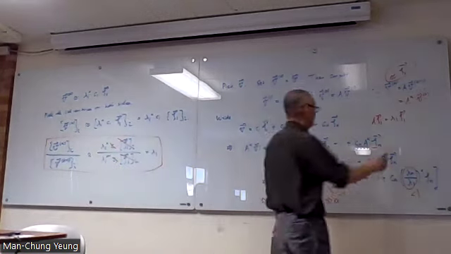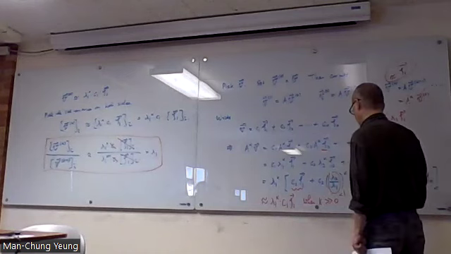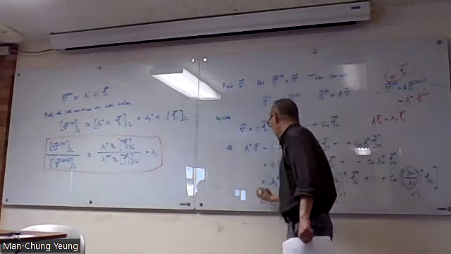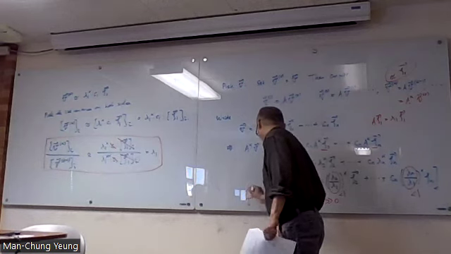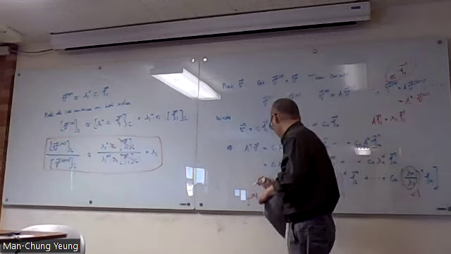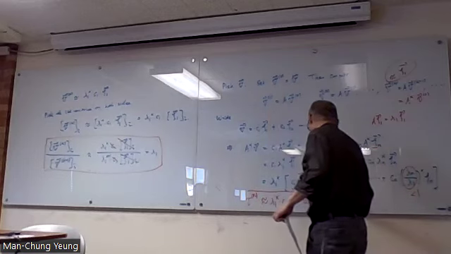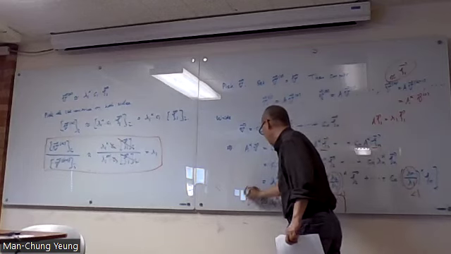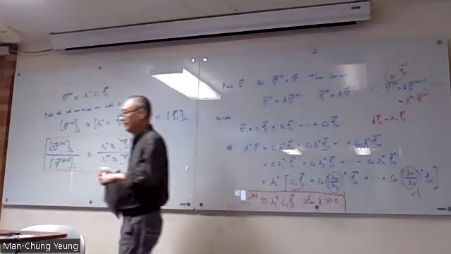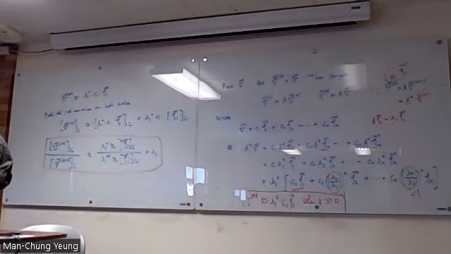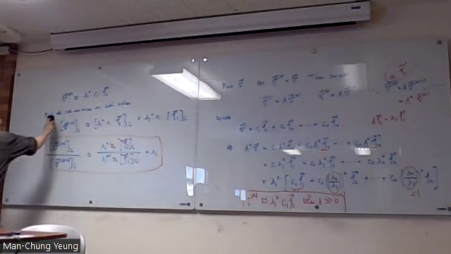Here, this is v_k, roughly, when k is very large. I need this, and also this. Now let me erase the other part.